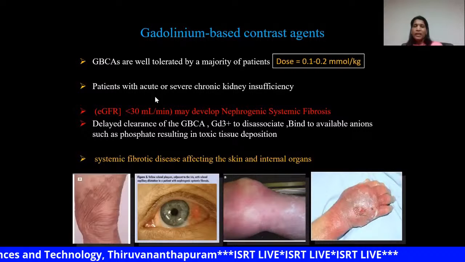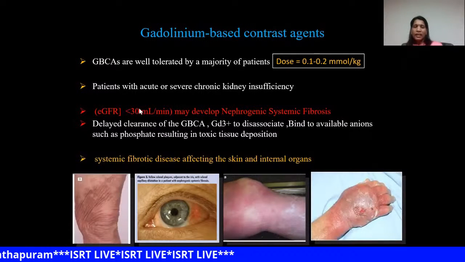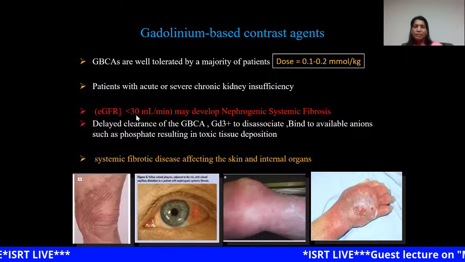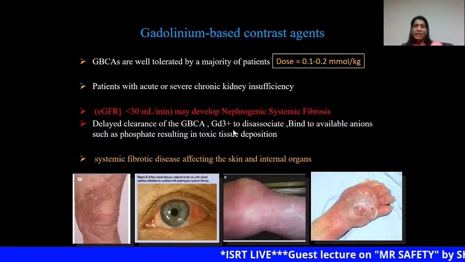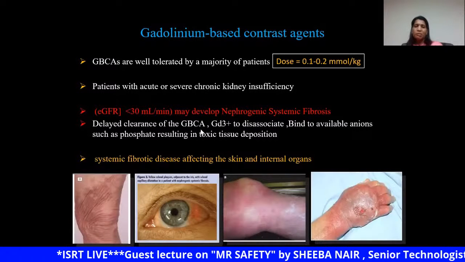But in patients with acute or severe kidney insufficiency, that is, if the GFR, glomerular filtration rate, is less than 30 ml, then what happens is the gadolinium will not be excreted easily from the patient's body.